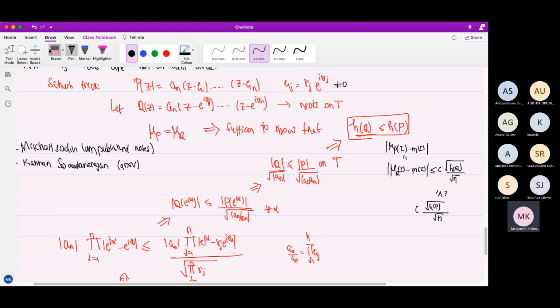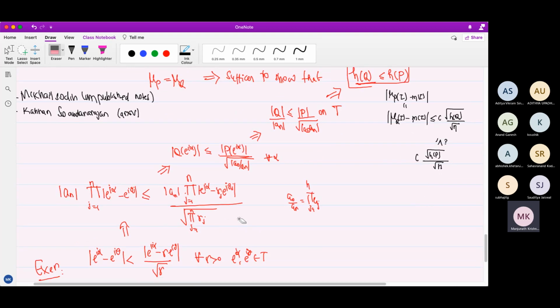The a naught coefficient of Q is the same as an, actually. The leading coefficient is an z to the n, and the constant coefficient is an times the product of the roots, with minus 1 to the n. So the absolute value of that is also an. When I do the h of P, it is mod P over square root a naught an. That is what we take, and then take the log plus and integral. For Q, a naught is the same as an, so it is mod an. So it comes to showing that Q is bounded by P over square root of mod a naught by an on the unit circle.